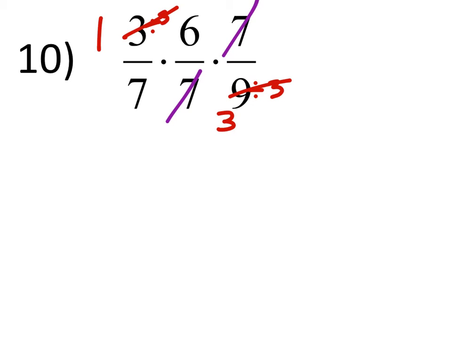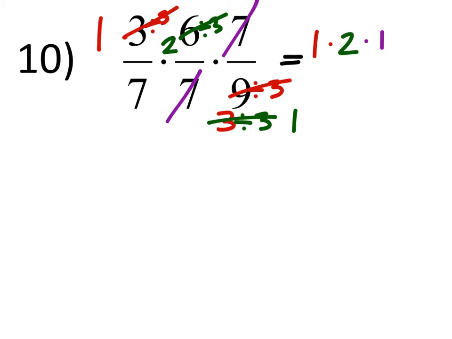But see that red 3, now I can take the 6 and divide that by 3 to simplify these two as well. So the 6 becomes a 2, and these 3's become a 1. Well, now what I'm left with, and I'm trying to color code this, I got 1 times 2, and that 7, if you want, became a 1.